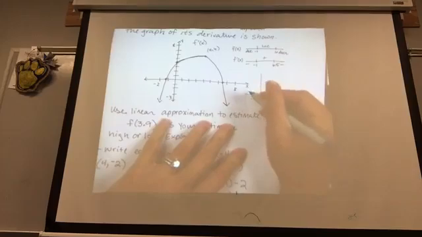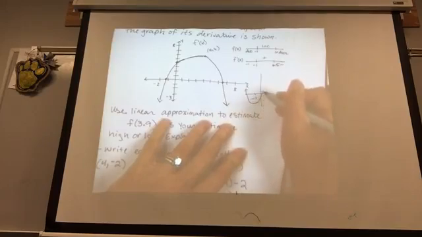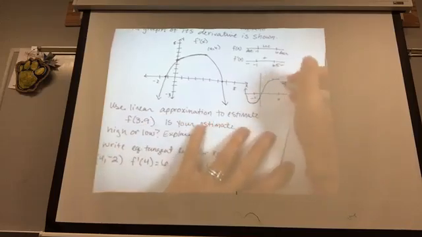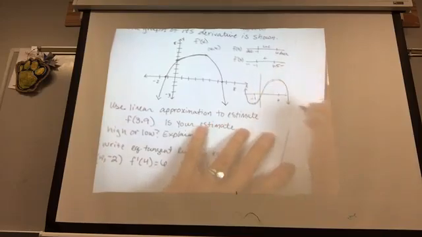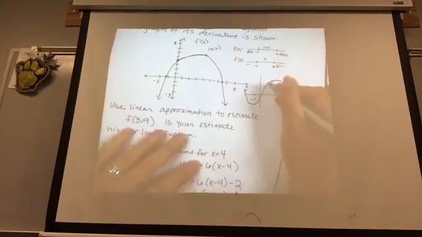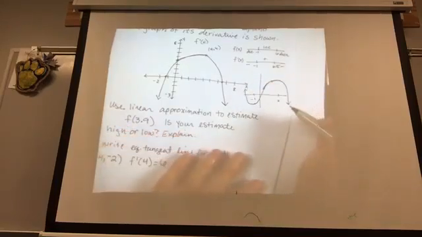We don't know where, but it's decreasing, and then it's going to increase. Here's 6, that's a maximum, and then it's decreasing. So at 4, it is concave down. Do you see that now?